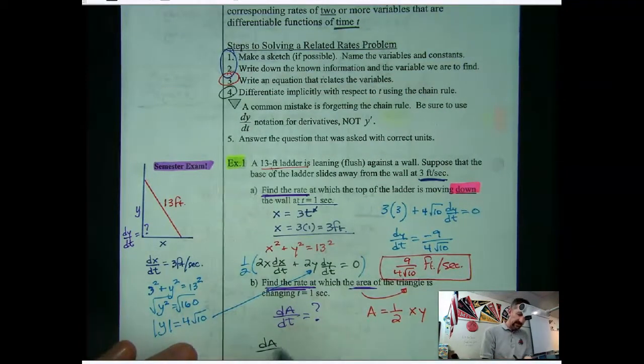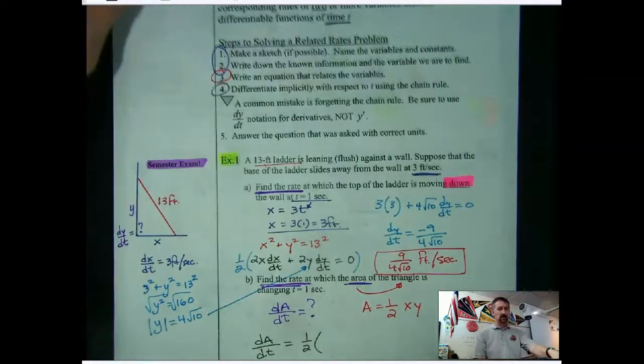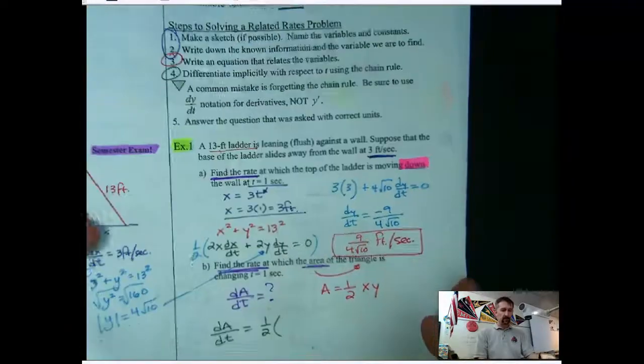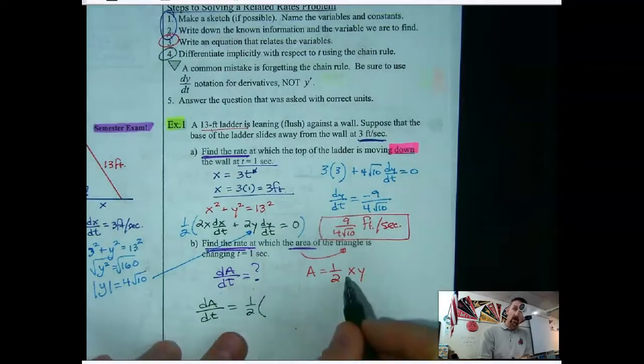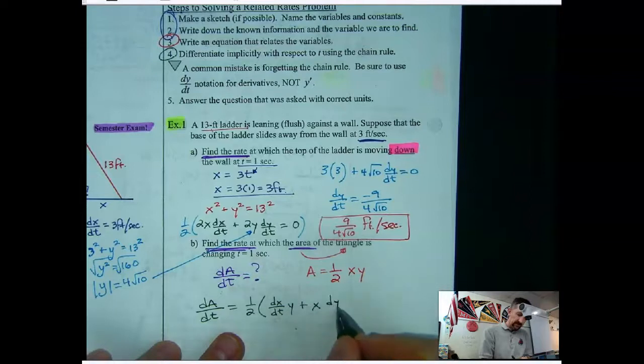So dA dt equals. Now that's the product rule, and I'm going to factor the 1/2 out of the way. So I'm just going to use the product rule on x and y. All right. So let's move that over here a little bit. So the derivative of the first thing is going to be dx dt times y plus x times dy dt.